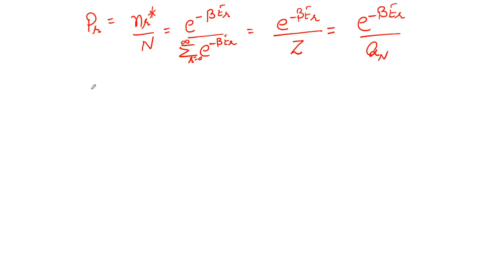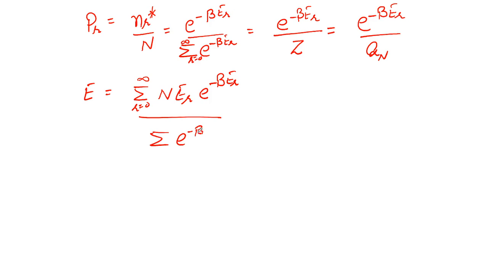Apart from that, we have also derived the energy function, the summation over r from 0 to infinity of n_r into e raised to power minus beta E_r over the summation of e raised to power minus beta E_r.